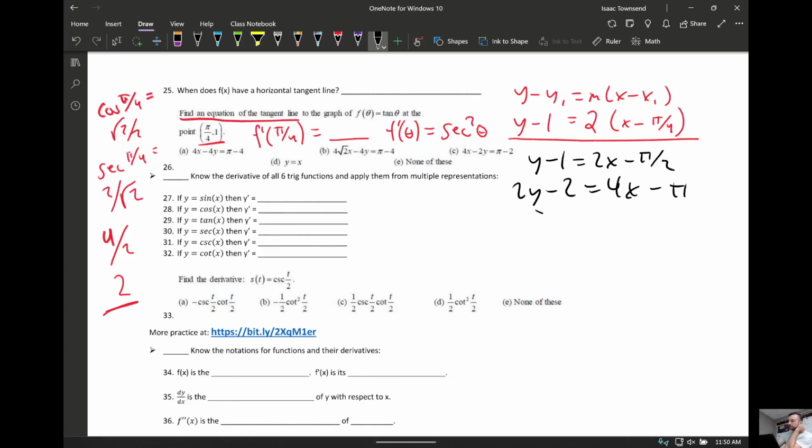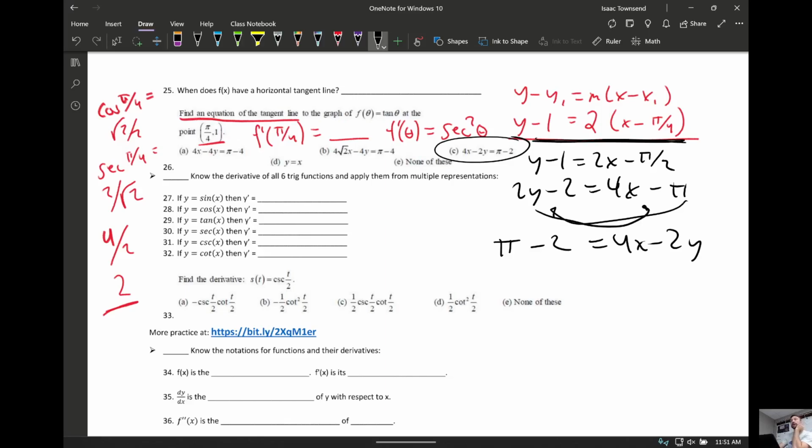Maybe if we subtract this over, we would get a 4x minus a 2y. And then if I added this over, I would get a pi minus 2, and that looks like choice C. So there's not any real particular reason why they arranged it that way, but once I got to here, I just had to try to simplify it until it looked like one of their choices.